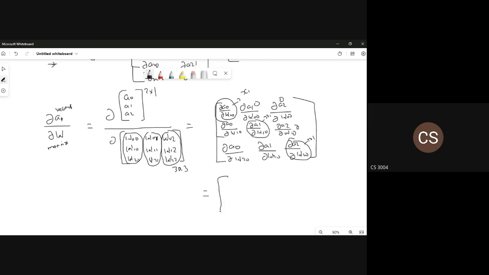So finally, what I have is, once again, a diagonal matrix x1, x1, x1, where the rest of the elements are all 0. Okay, so this is one such matrix. In the next matrix, I will have x2, x2, x2. The next matrix, I will have x3, x3, x3. Okay, so you just imagine like that.